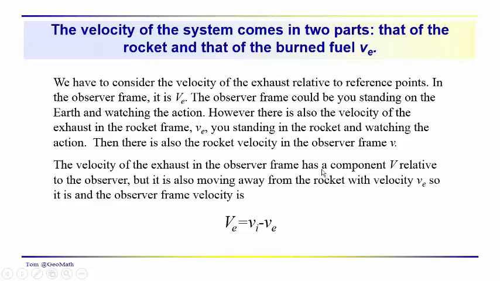And then there's the rocket velocity v, or the initial rocket velocity v sub i. So the velocity of the exhaust in the observer frame has the component v relative to the observer, but it's also moving away from the rocket with velocity little v sub e. So in the observer frame, v sub e is equal to v sub i minus little v sub e.